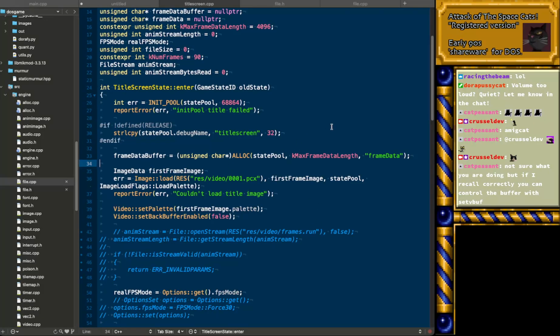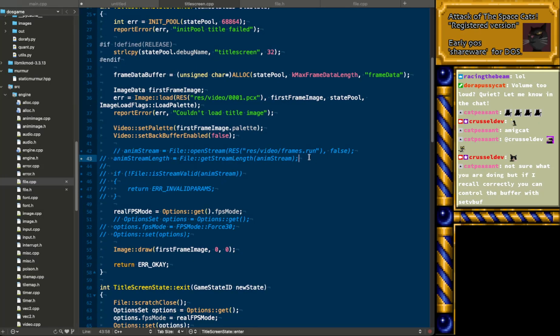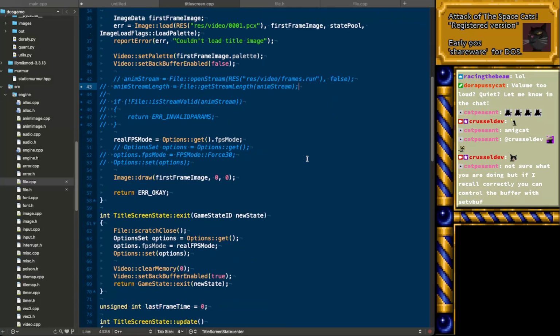Screen. OpenStream, there it is. Oh, good lord. Oh, good grief. Oh dear. I think I might have found out what it was, and I think it might be me being a big idiot.